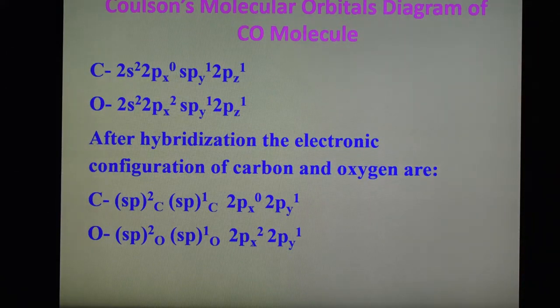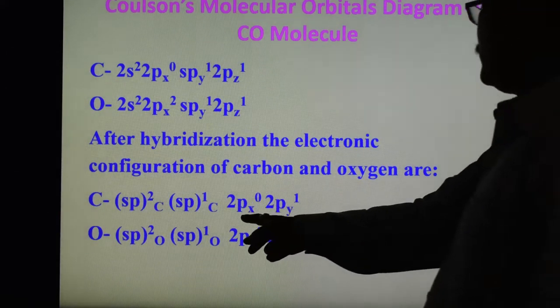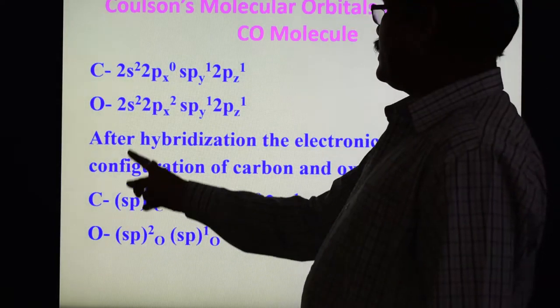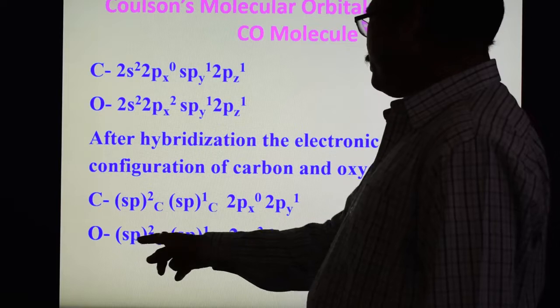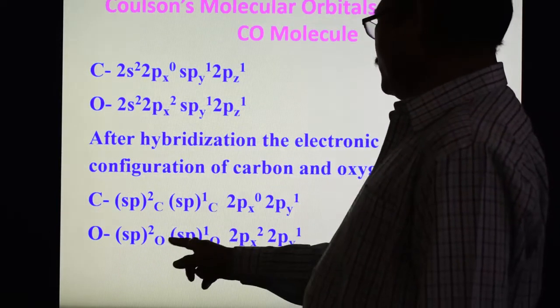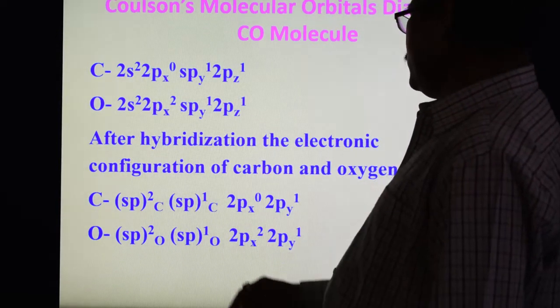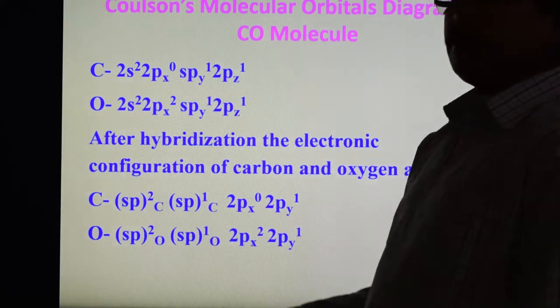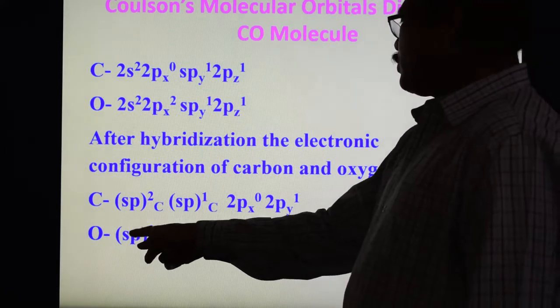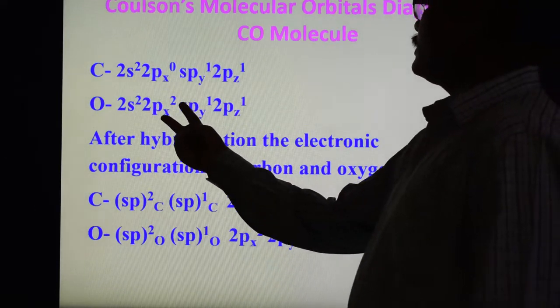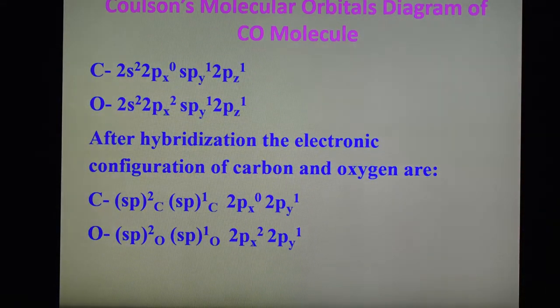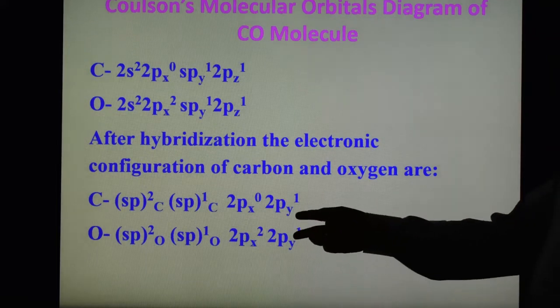In case of oxygen, we have mixed 2s and 2pz, so the new orbital is sp(o): sp(o)2, sp(o)1, and the remaining two orbitals as they are, 2px2 2py1. So this is the new configuration for carbon and oxygen.